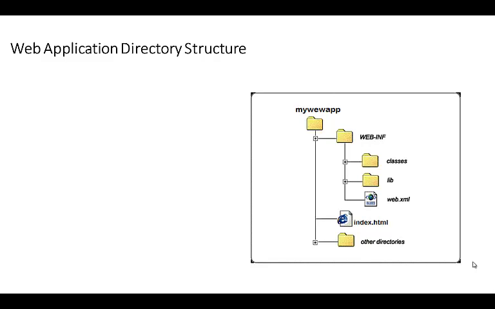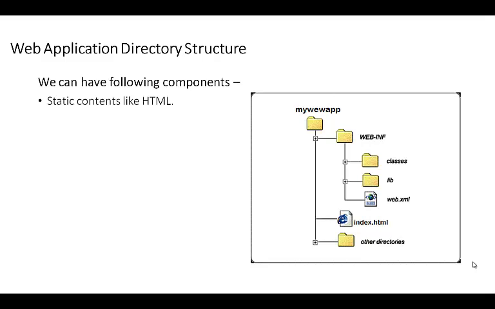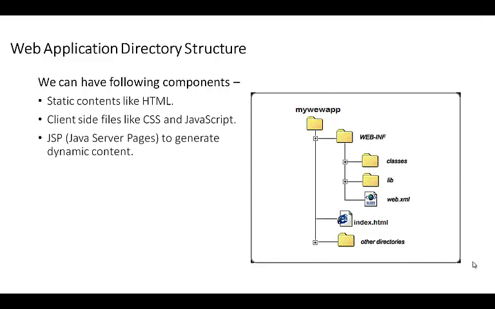So before we can run our Java web application, we need to package the resources inside it in a standardized way. In this package, we have the following components. We have static containers like HTML. We have client-side files like CSS and JavaScript. The Java server pages, that's JSP, to generate dynamic content.